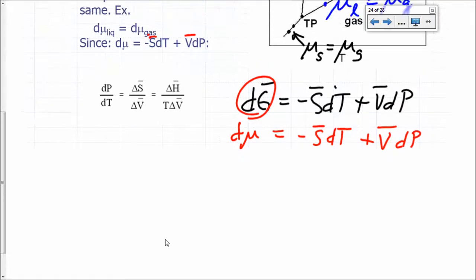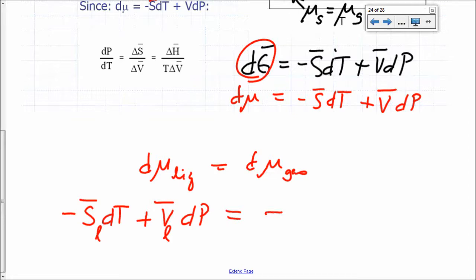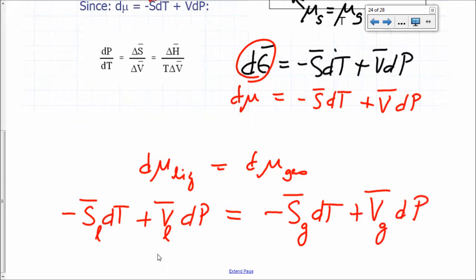For a liquid then, you can say d mu of the liquid would be equal to d mu of the gas as you move from one point to the next point on your curve. So minus S bar dT for the liquid plus V bar dP for the liquid must be equal to negative S bar for the gas dT plus V bar for the gas dP.